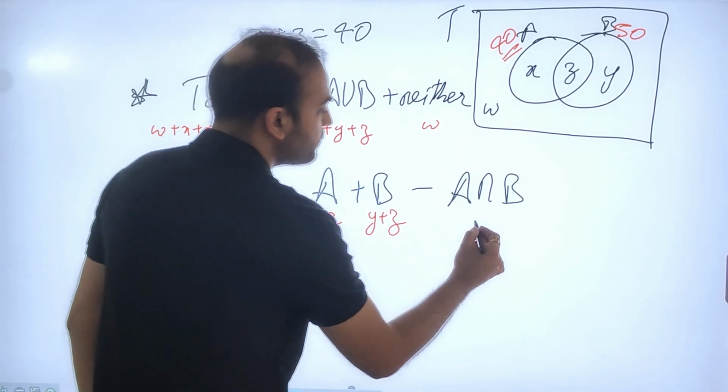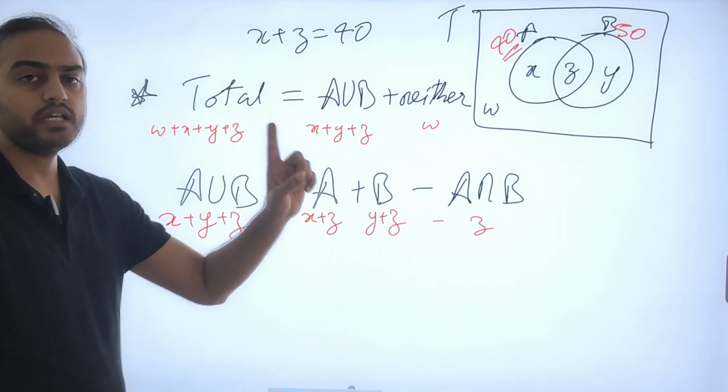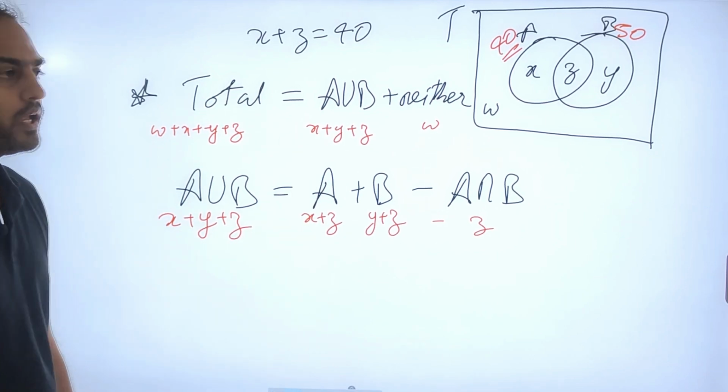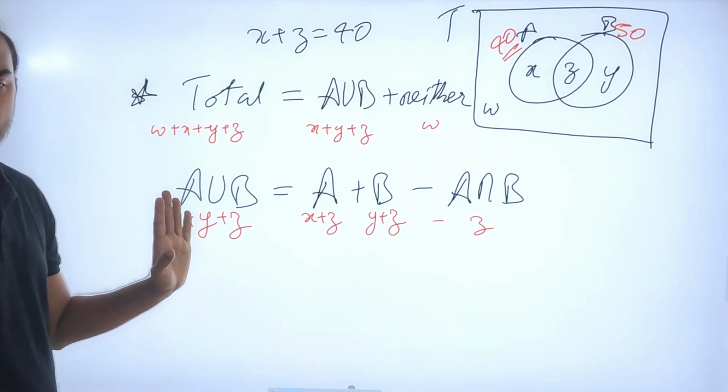So that is why we subtracted once, so that we get XYZ once.